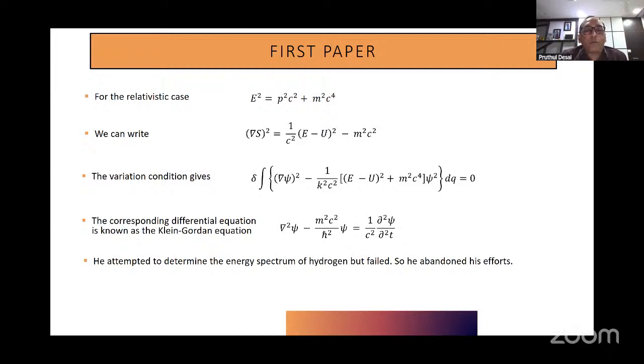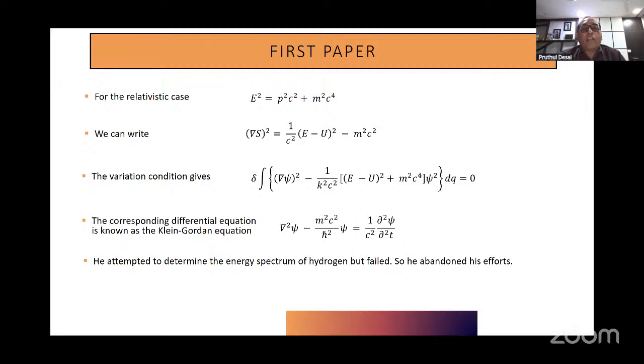He attempted to determine the spectrum of hydrogen using his theory or his equation, but his attempt failed, because the Klein-Gordon equation is valid for spin zero particles, and the electron, being a fermion, is spin half.